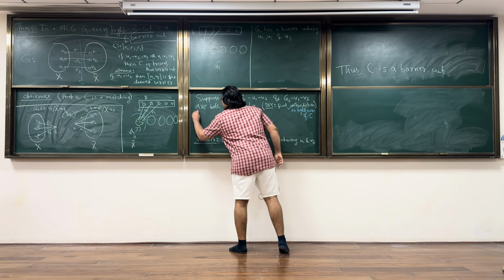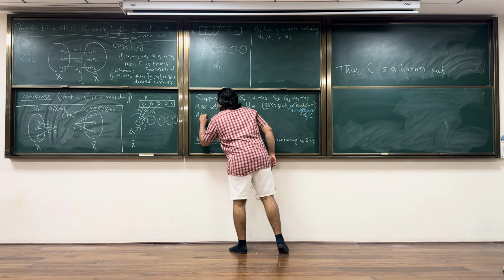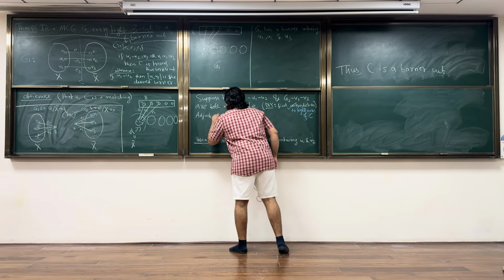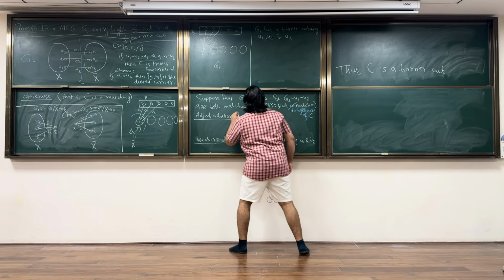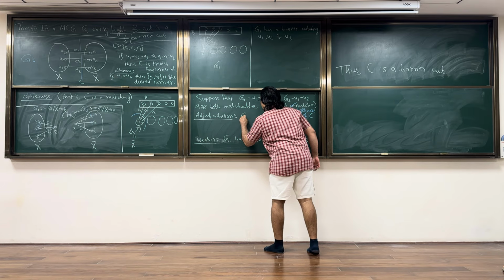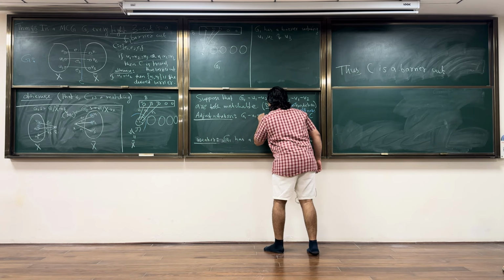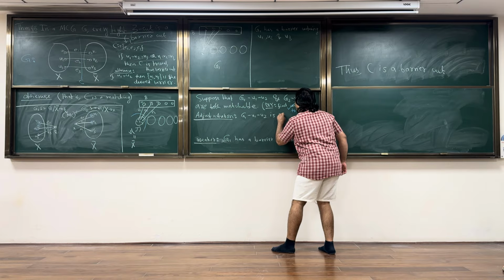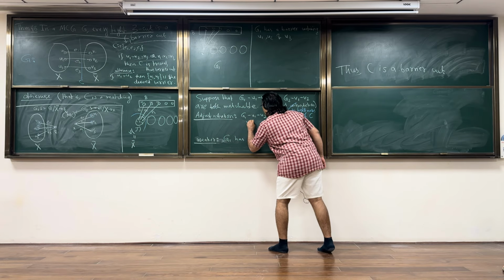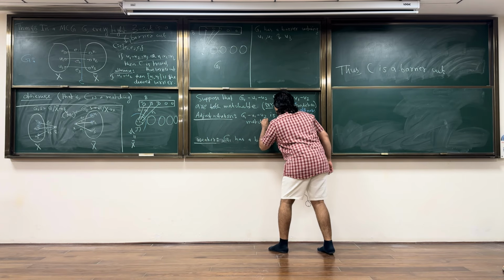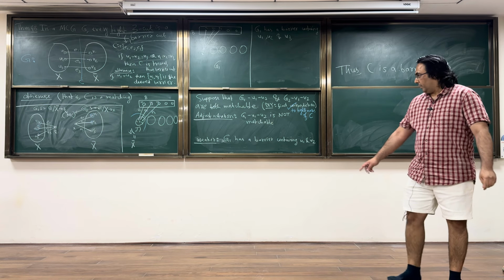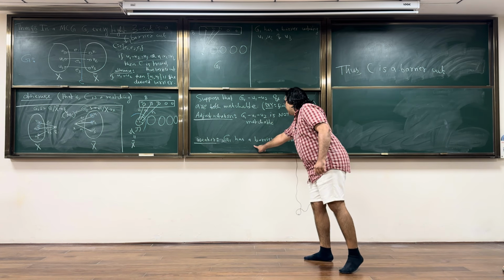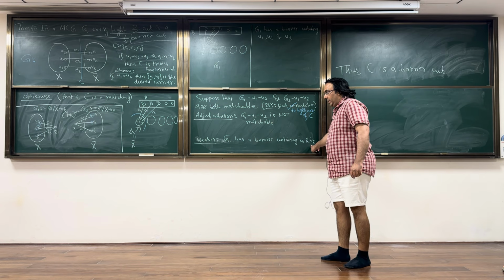Adjust notation, or if you like, without loss of generality, this graph is not matchable. Yeah. So therefore, it follows that G1 has a barrier containing U1 and U2. Now we have proved something.